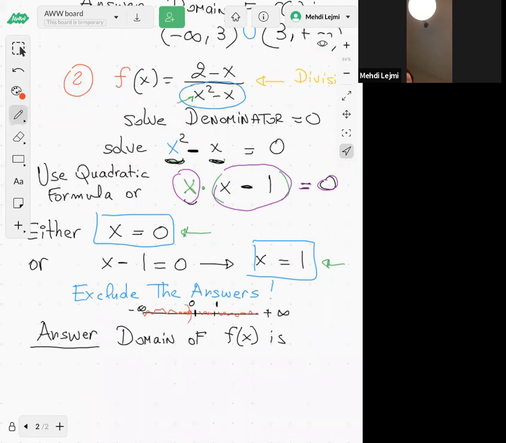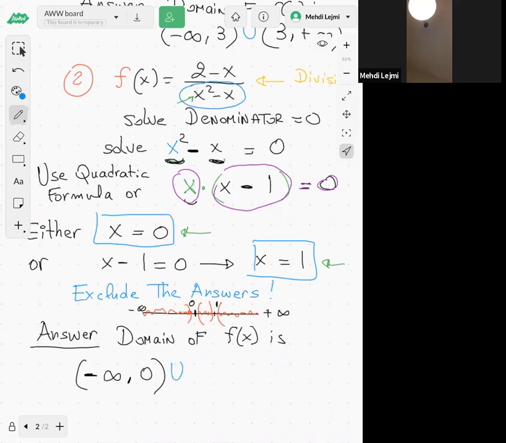So I'm going to need parentheses at 0 and parentheses at 1. Okay, so then domain of f of x is, go from left to right, from negative infinity to 0. Both are excluded. Union, another interval.